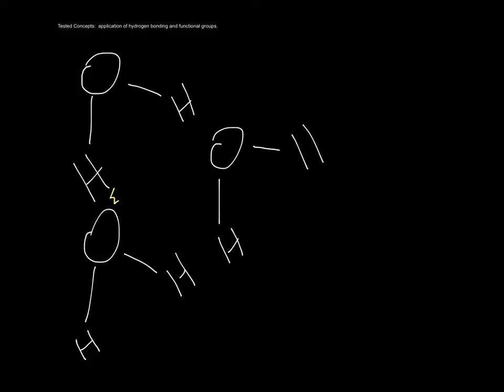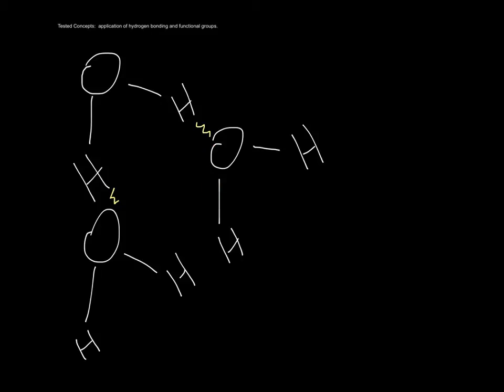Now remember, we said, and this is a great example of what we're talking about, hydrogen bonding, if this hydrogen is bonded to an oxygen, which it is, and it's near another oxygen, which also has a partial negative because it's bonded to hydrogen, then there's a hydrogen bond in between these.